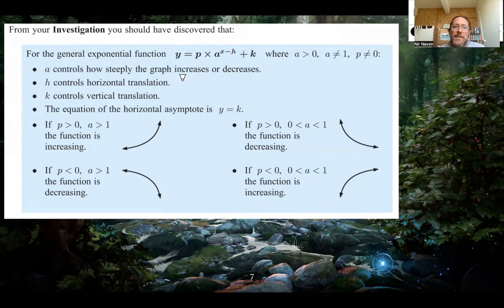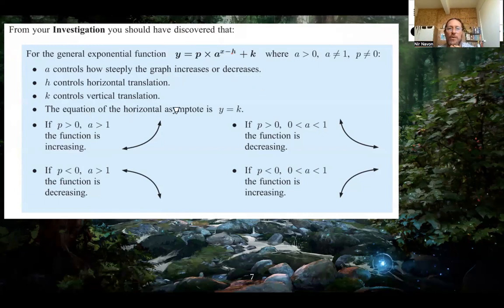a controls how steep the graph increases or decreases, either that way or that way or that way. h controls horizontal translation. You see the x minus h, that is like a horizontal translation, which decides if the graph moves right or left. k here is the vertical translation, whether the graph moves up or down, or the horizontal asymptote, does it move up or down?